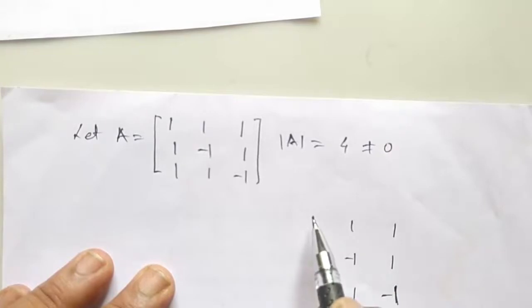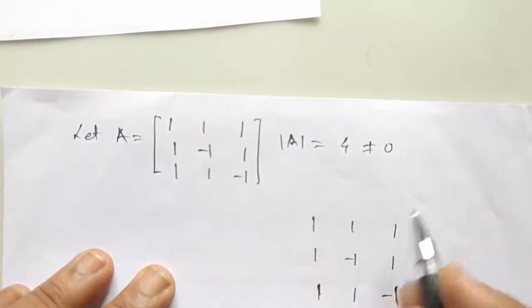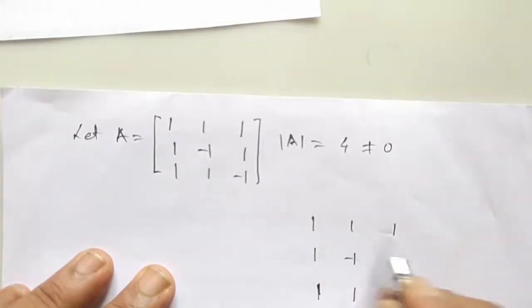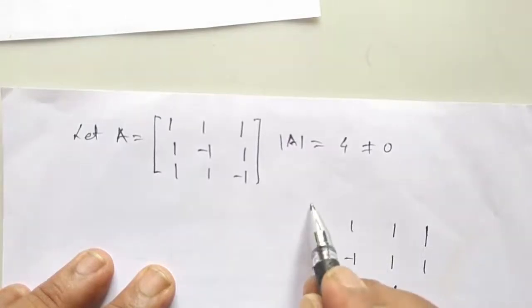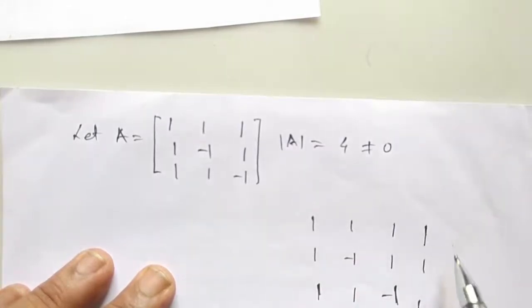Now this column is repeated after the third column: 1 1 1. Again the second column is repeated after the fourth column: 1 minus 1 1.